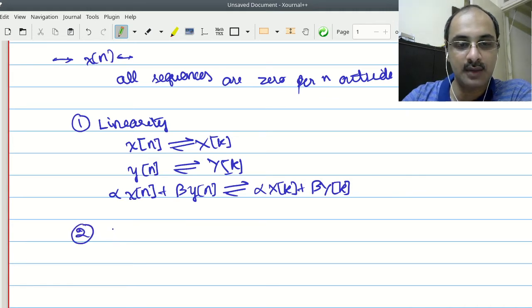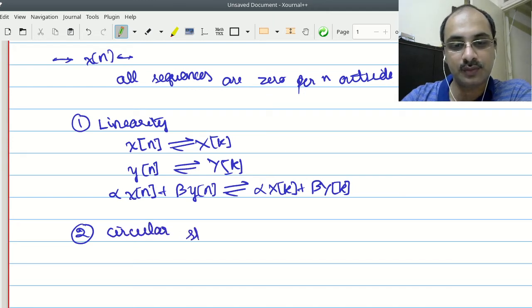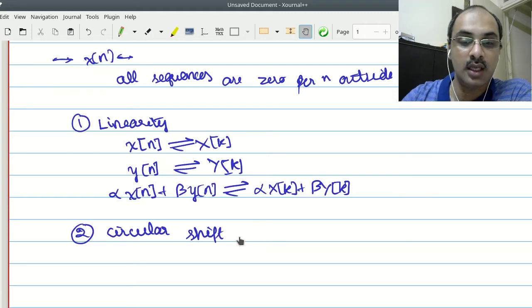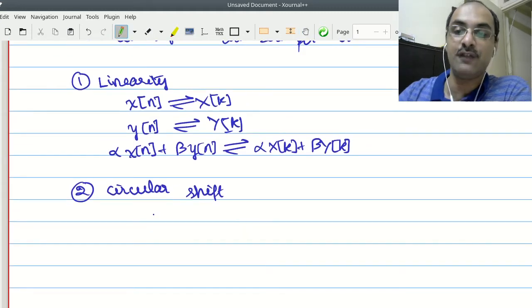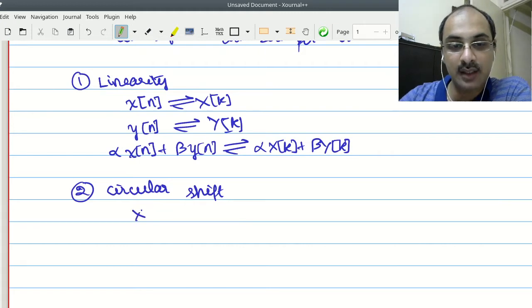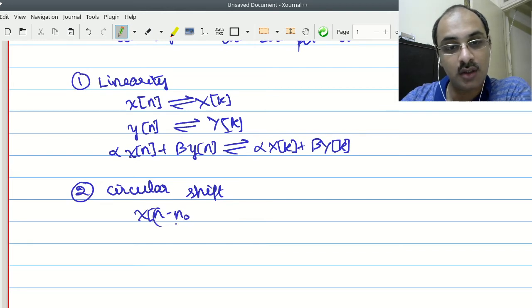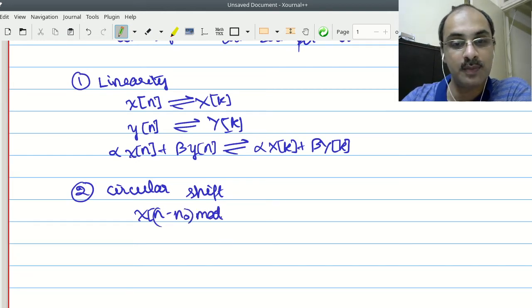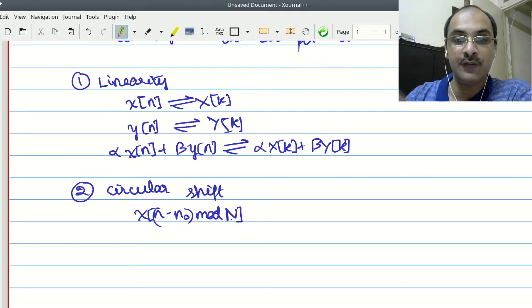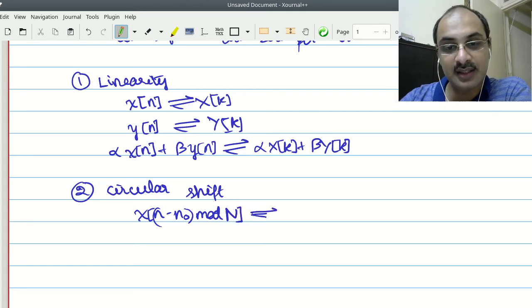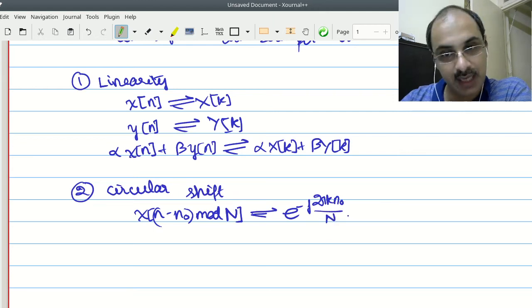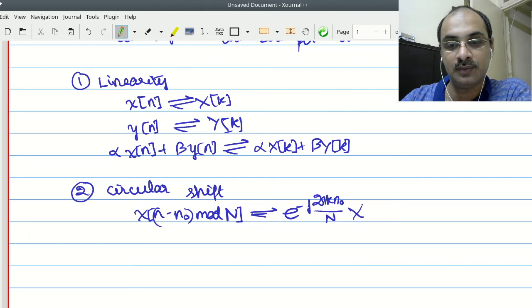The second property is that of circular shift. Now, this is unique to DFTs in the sense that there is a difference between this and the DTFT, but basically if you take x of n minus n naught modulo capital N, then this has DFT e power minus j 2 pi k n naught divided by capital N multiplied by X[k].